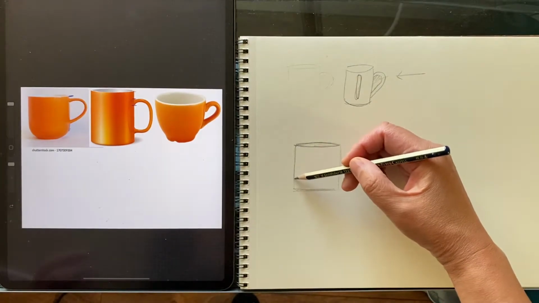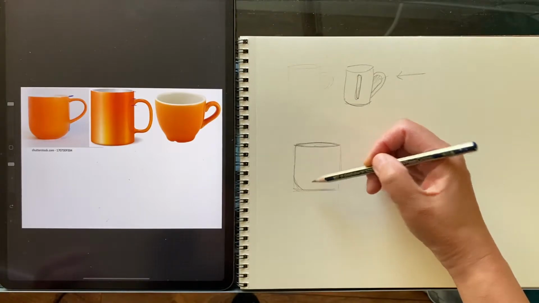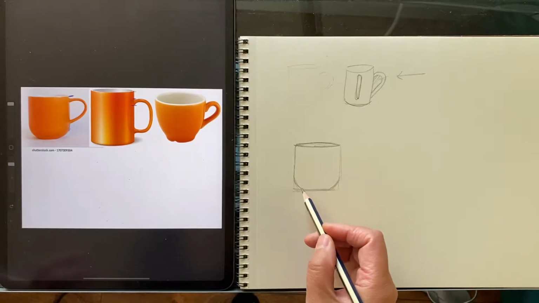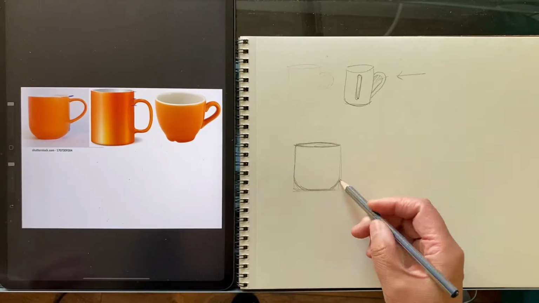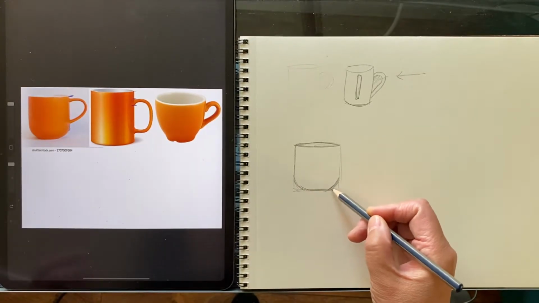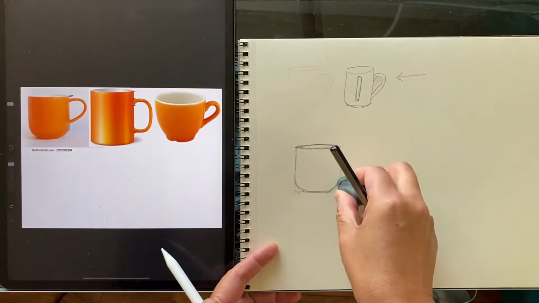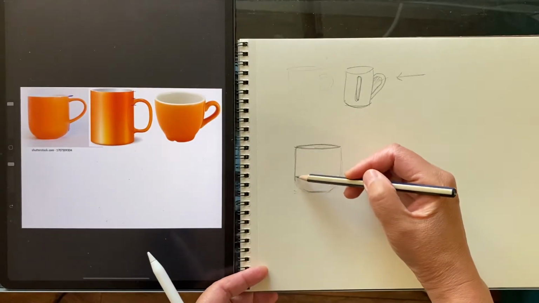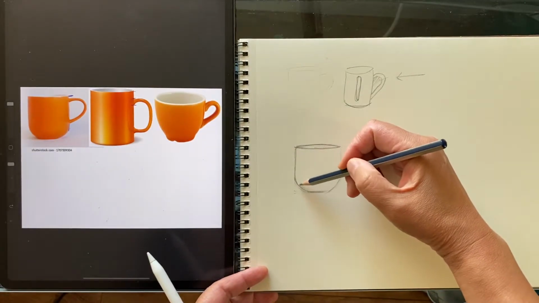Then the bottom, turn around. So here is my cup shape, kind of like that.